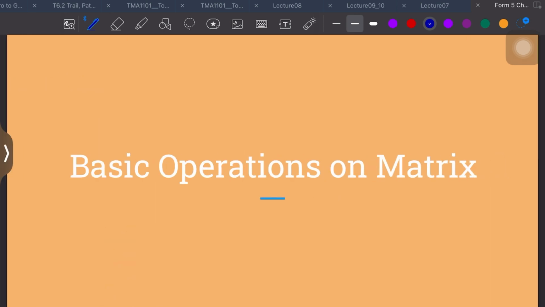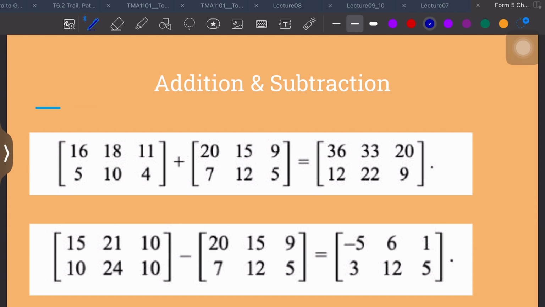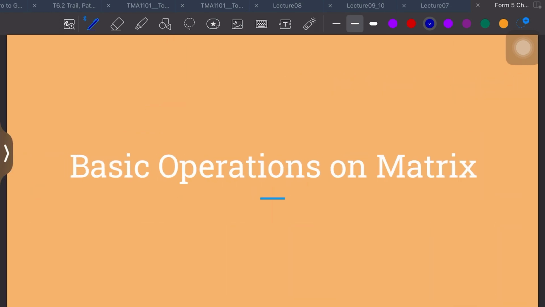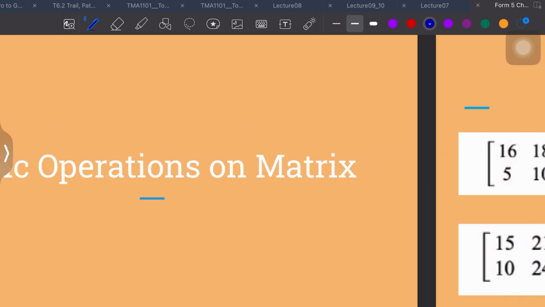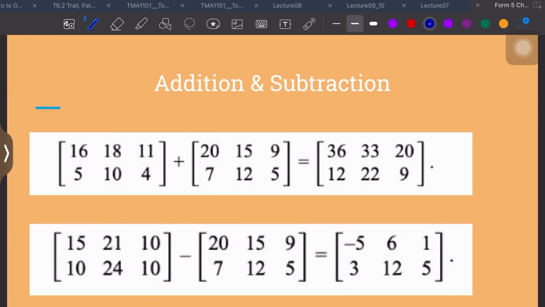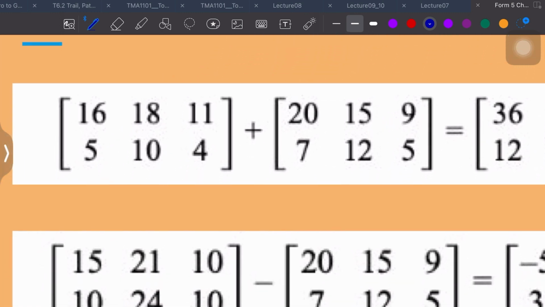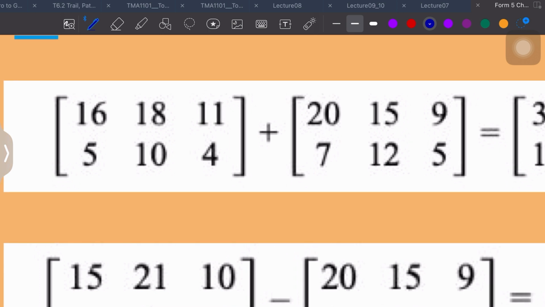Basic operation of matrix: addition and subtraction. As you can see, just now we know that we can identify the position of each digit in the matrix. For addition and subtraction, we can use that method to make it less complex. It will take a bit of work, but it's okay.